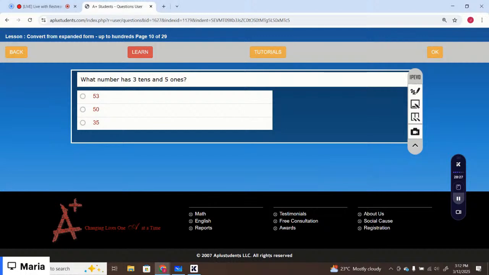So which is the correct option? That is 35. Option number 3 is the correct option.